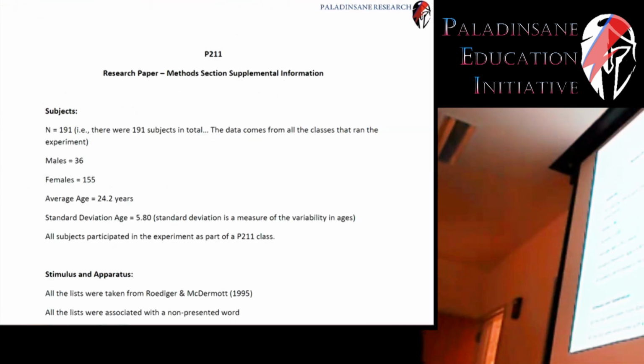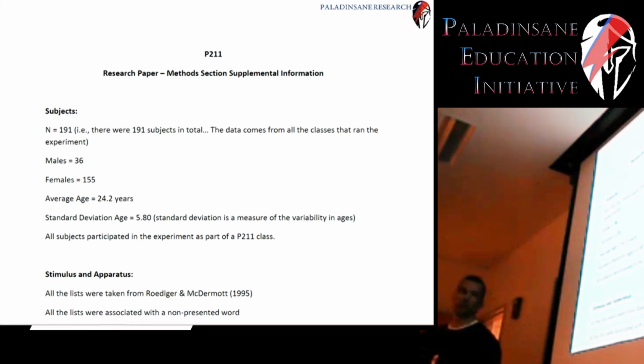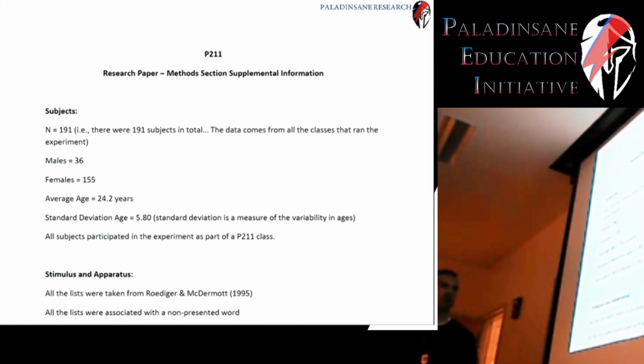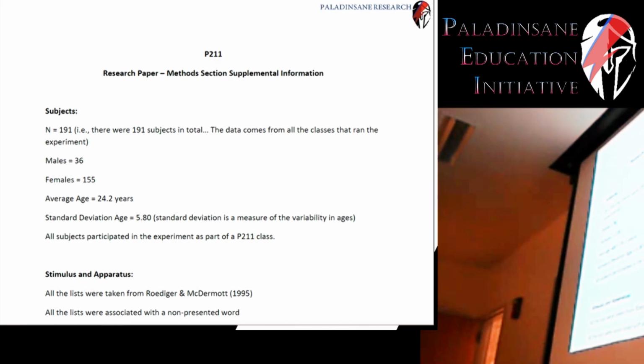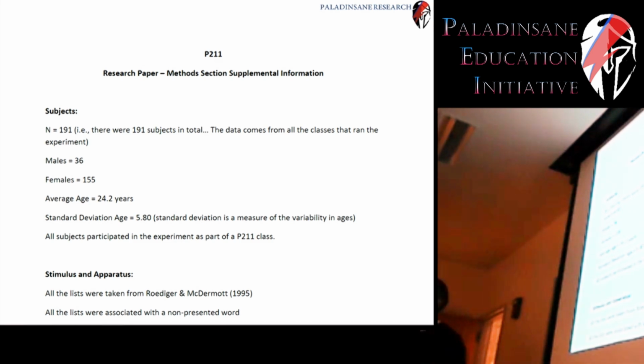Just to make you aware, this PDF is now available in Canvas, in the resources section for the research paper in the files. So this is your supplemental information. This has all the information that you need that you wouldn't necessarily know.